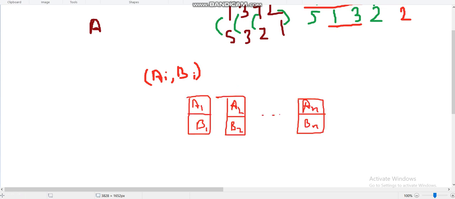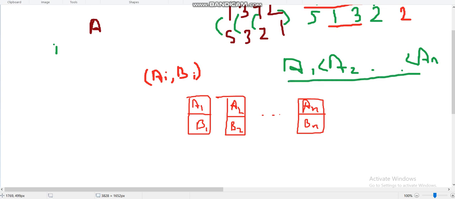Let me write it. So these are the pairs A1 B1, A2 B2, similarly AN BN. Now we have already sorted A, so A1 is less than A2 is less than or equal to AN. Now we can do this operation with i and i+1. If we swap A_i and A_{i+1}, it might change one condition.